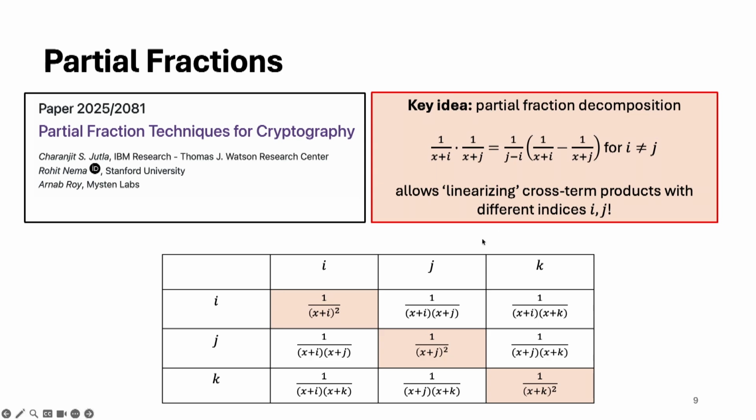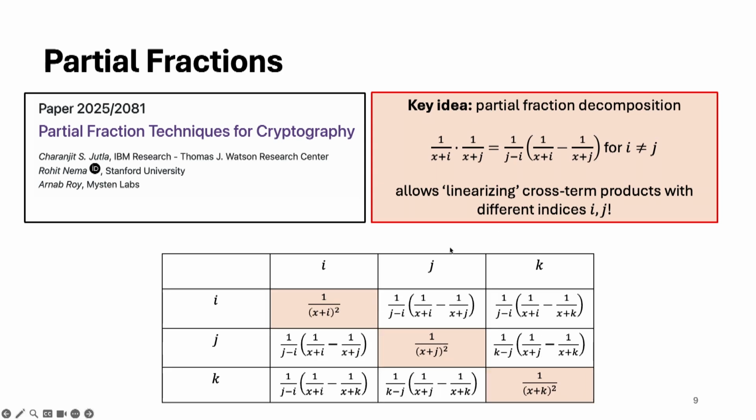If you apply this idea to this matrix, all of these off-diagonal terms become linear in these partial fractions, but the diagonal terms stay quadratic. We need to remember this because we will use it to construct the batch threshold encryption.